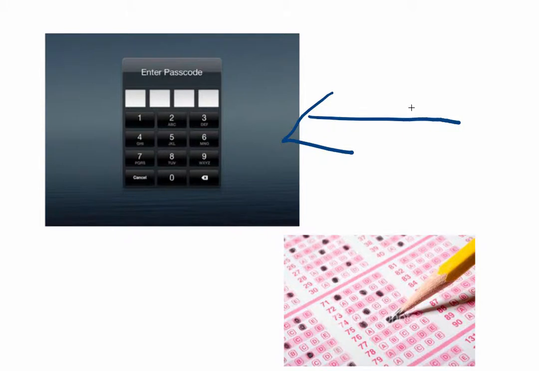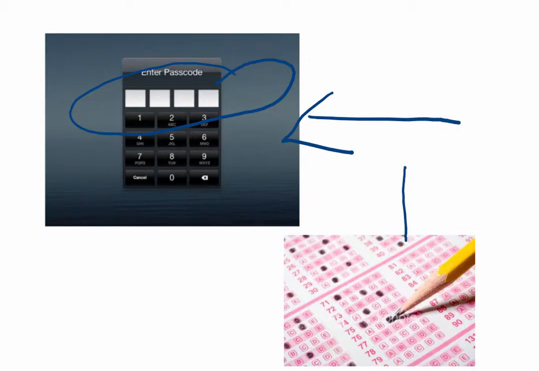Based on this passcode, which is 4 digits, we need to enter a 4-digit number. Now, can we figure out how many possible numbers I can create using these 10 digits? How many passwords can I create?